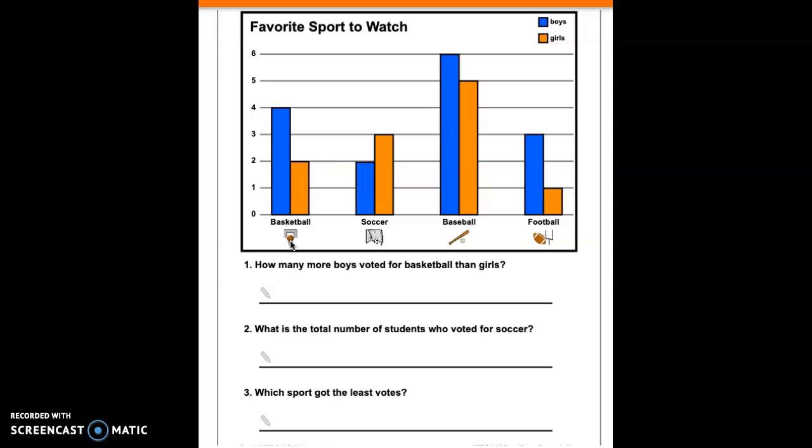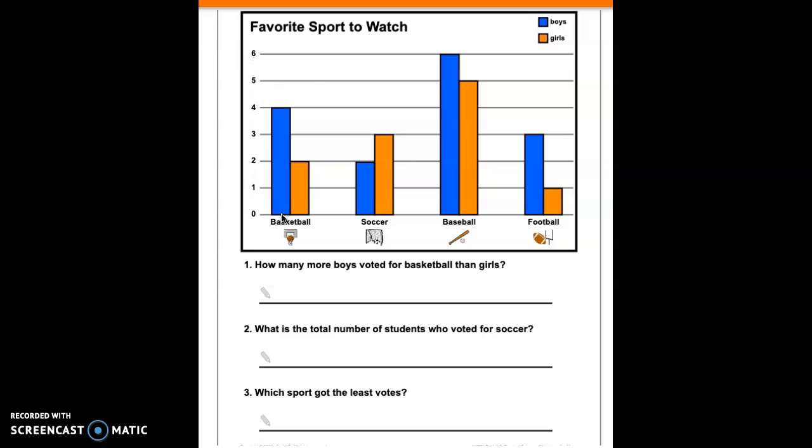Here on the x-axis, we have basketball, soccer, baseball, and football. I believe these are a little bit different than last time, when we had track and field too, with that pie chart. And on the side, these are the number of students that chose their favorites: 0 students, 1, 2, 3, 4, 5, and 6.